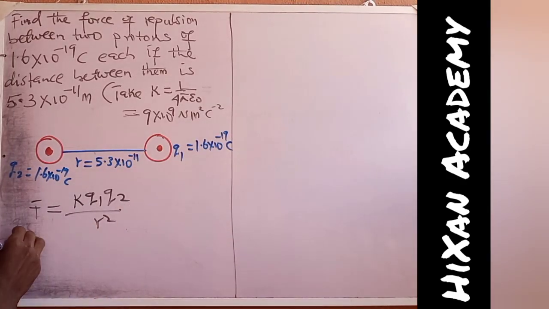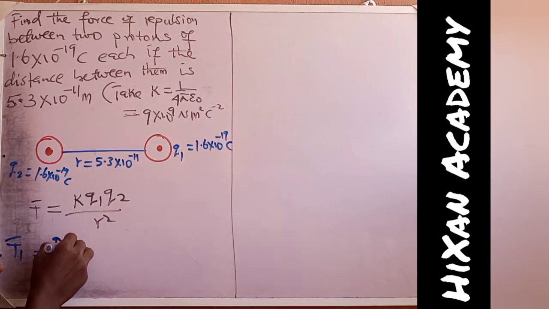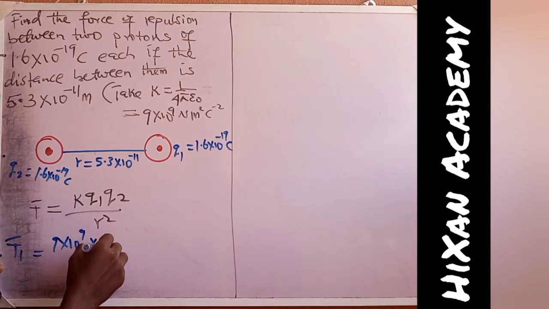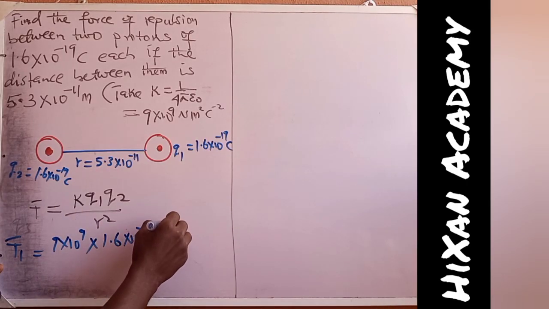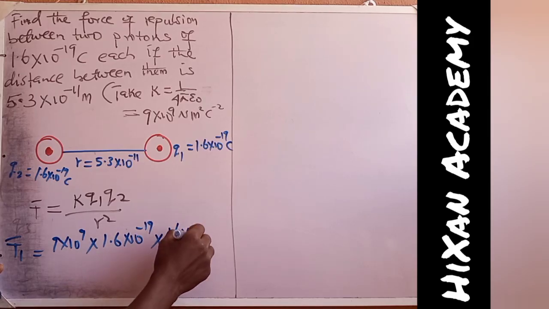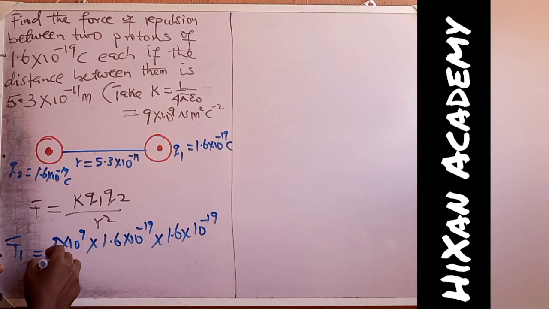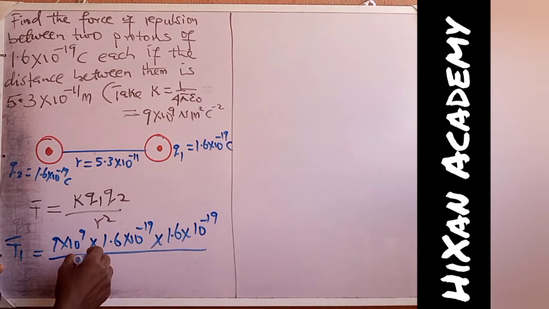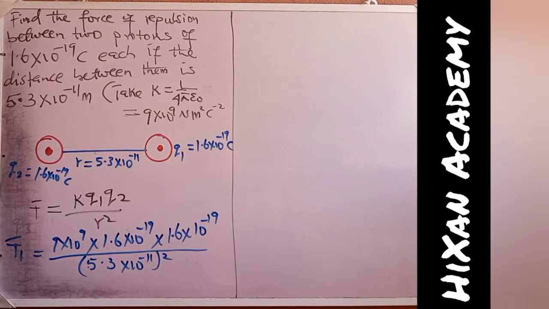So on substitution, F1 equals K, the constant, which is 9 multiplied by 10 to the power 9, multiply charge 1, which is 1.6 times 10 raised to the power negative 19, multiply charge 2, which is still the same in magnitude as 1.6 times 10 raised to the power negative 19, everything divided by r squared, that's the square of the distance, 5.3 multiplied by 10 to the negative 11 squared. So this is what we are going to evaluate.